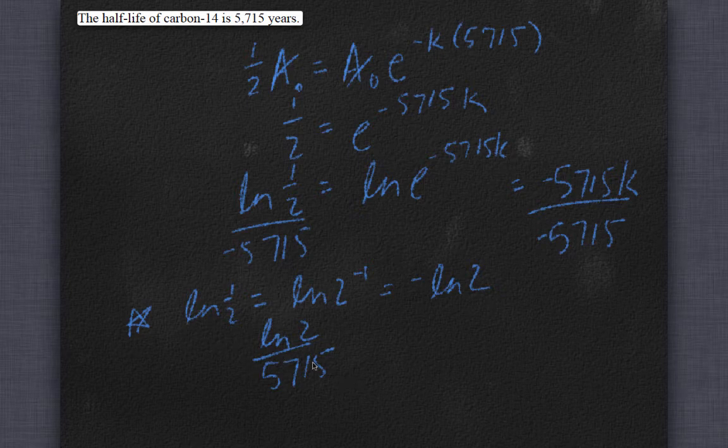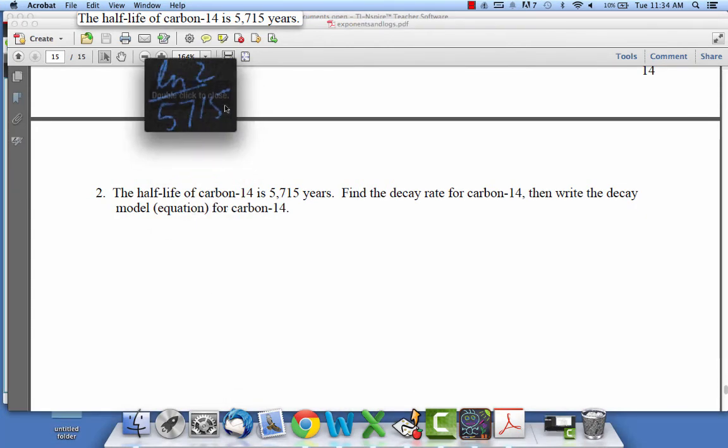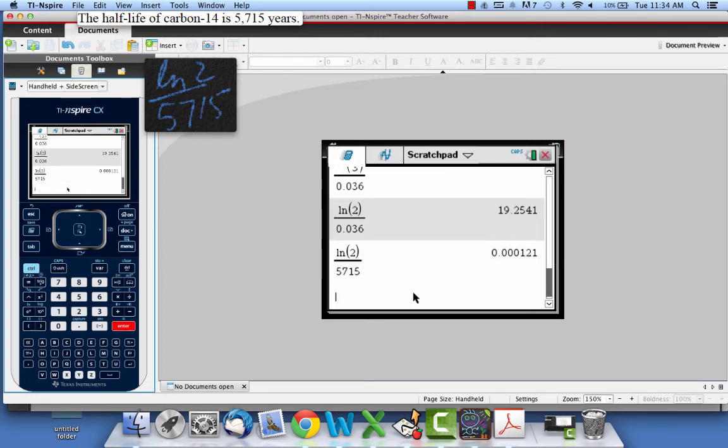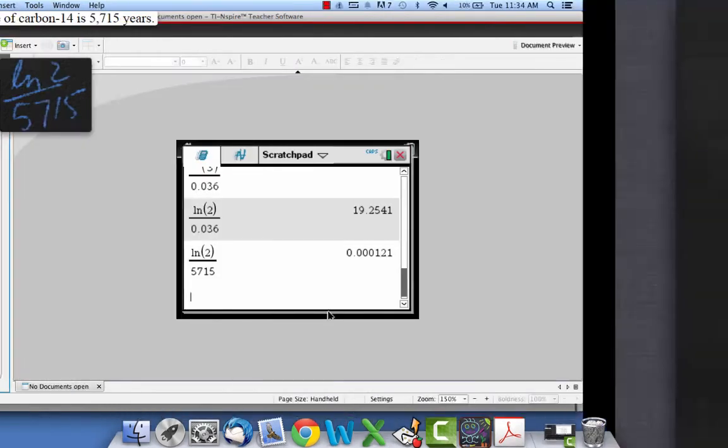So this is the rate of decay, which means when I put it back in the formula, I'm going to actually need it to be negative. So negative 0.000121.